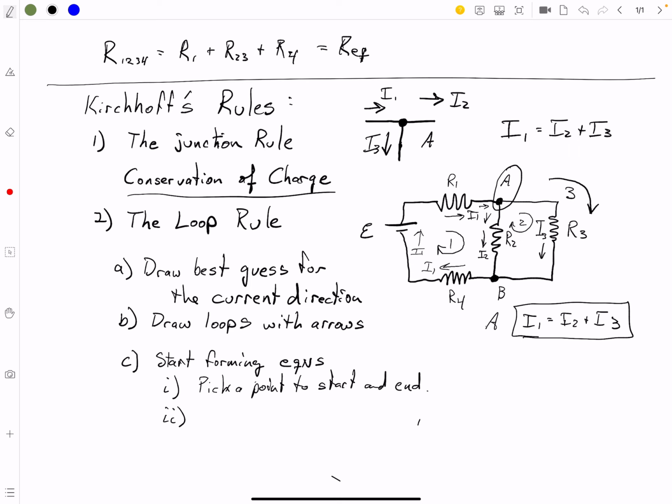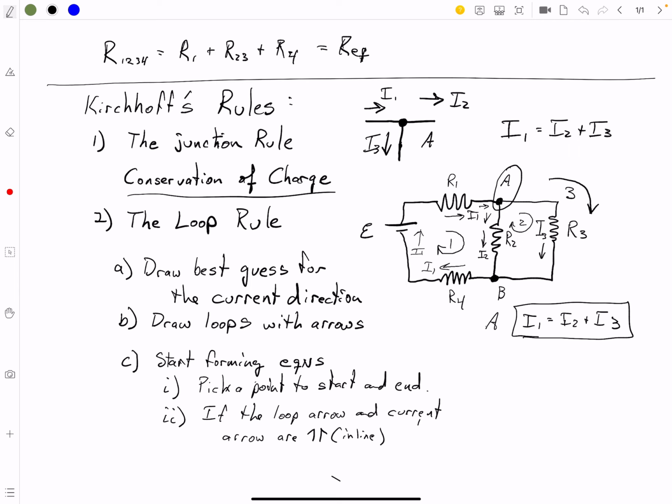Two, you got to start asking yourself a couple of things. So if the loop arrow and current arrow are in line, pointing the same direction, right?